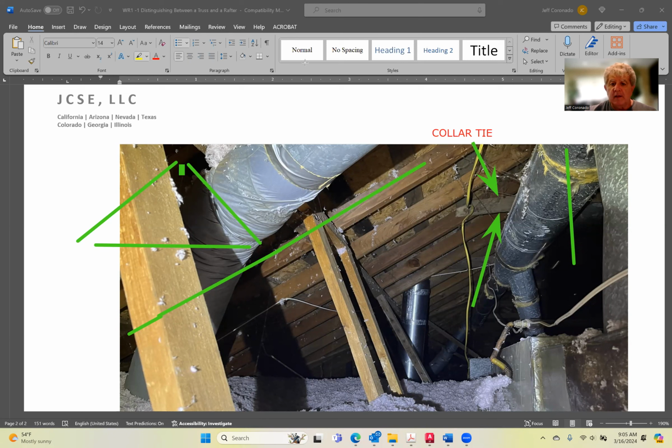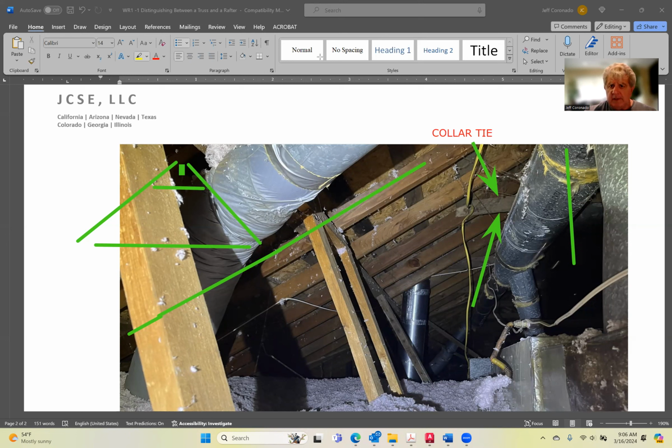This collar tie that we're seeing here is an element that goes across close to the top of the rafters. When we see collar ties like this, that tells us there's a ridge board. If there was a ridge beam instead of a ridge board at the top, then we wouldn't see the collar tie. If we have a collar tie, it's because we have a ridge board. And if we have a ridge board, then we have a ridge and tie system. So that's what we're looking at here.